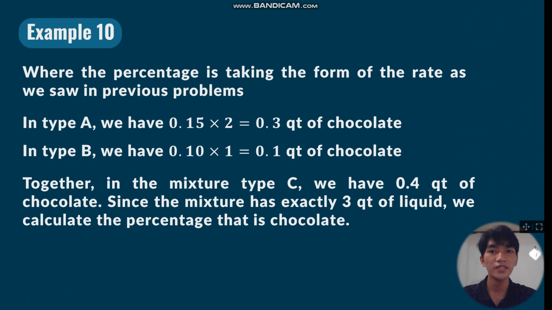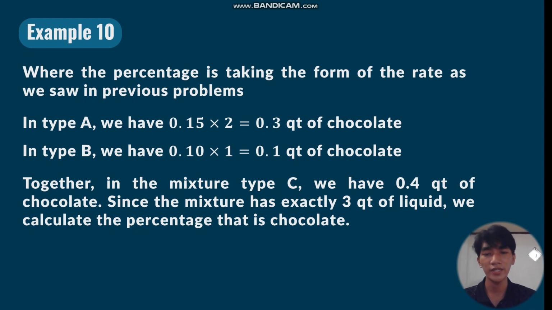The percentage is taking the form of the rates as we saw in previous problems. In type A, we have 0.15 times 2 equals 0.3 quarts of chocolate.